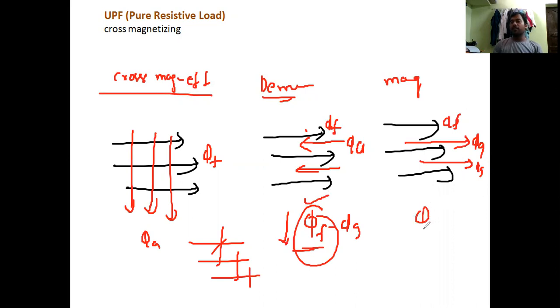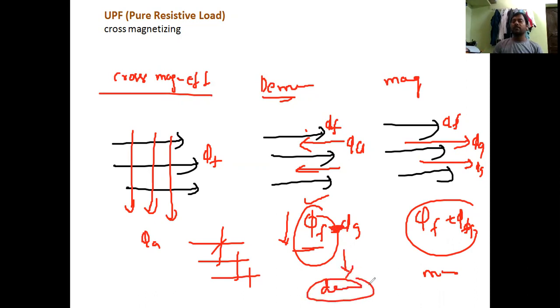Here, field flux and armature flux both add, so this is called magnetization. Here, the fluxes are opposite to each other, so the flux decreases, hence demagnetization. Flux increases in the magnetization effect, that's why it is called magnetization effect. Here, in this direction, the main field flux decreases, that's why demagnetization effect. This is very simple.